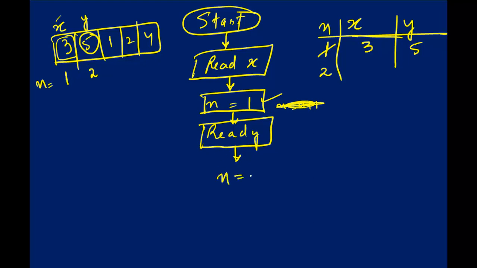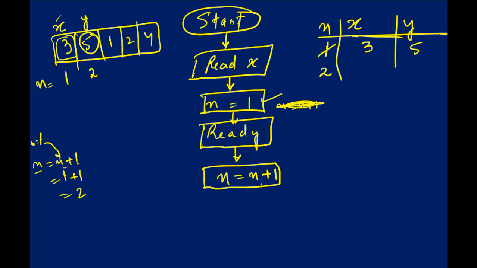My n was equal to 1, so n is equal to n plus 1. What was the value of n? 1 plus 1, which will be equal to 2. So n will become 2 here.